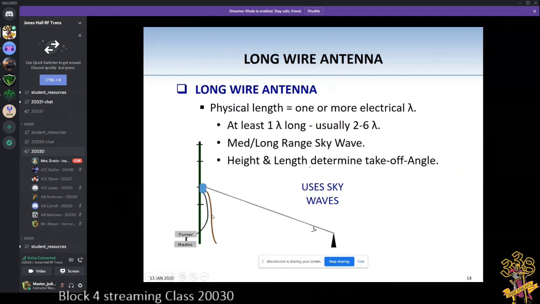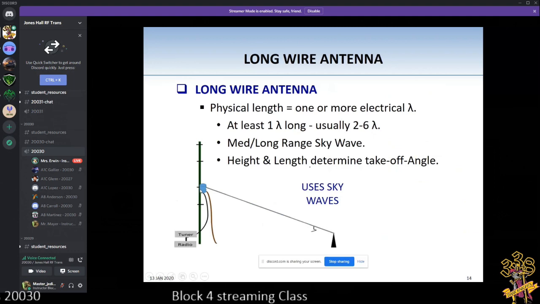It is used for medium to long range skywave, and by changing the height of this antenna, you can change the takeoff angle. Or by changing the length, leave the height there and change the length, you can also change the takeoff angle.